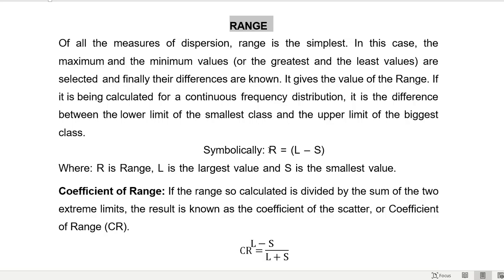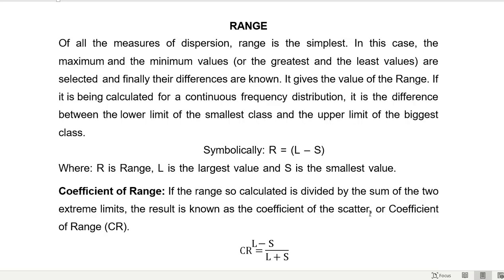This is the simplest, but this is one of the drawbacks of range: we are just interested in the maximum and minimum value, and we are ignoring every other observation. That's the drawback of the range.